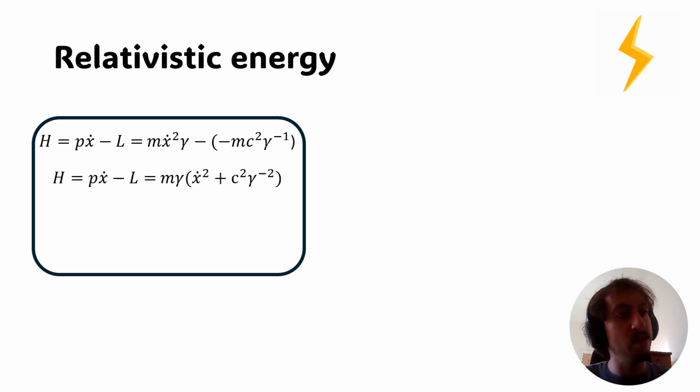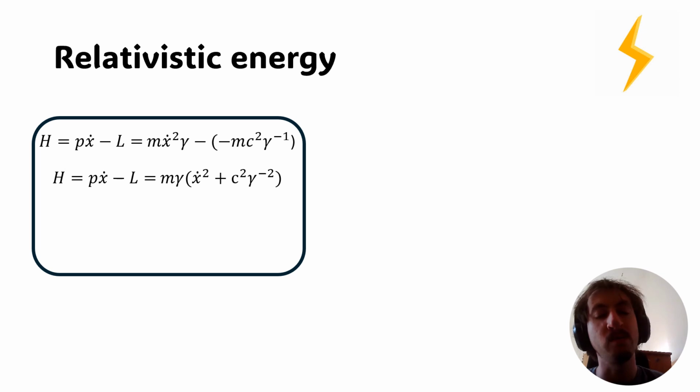And then, even before we use the definition of the Lorentz factor gamma, it's helpful to pull out an m times gamma, to give us gamma to the minus 2 on one of our terms.